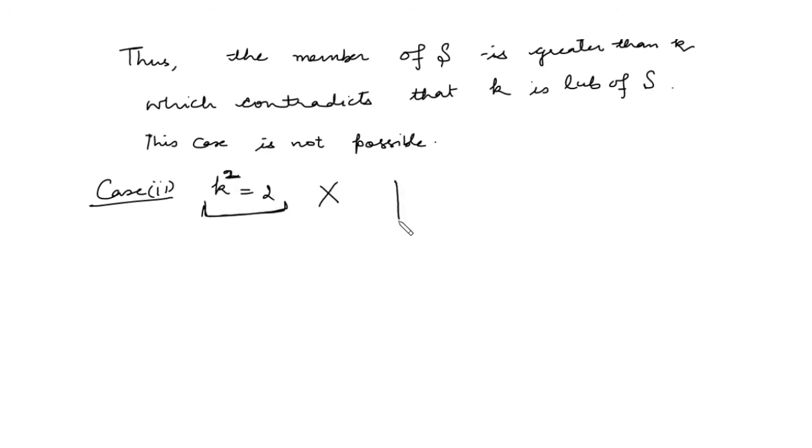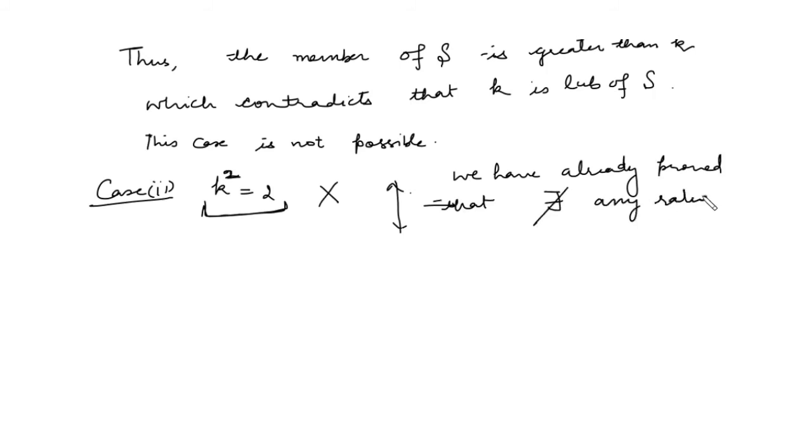So you can give the proof of that case over here, right? So we have already proved that there does not exist any rational number whose square is 2. So this case is also not possible.